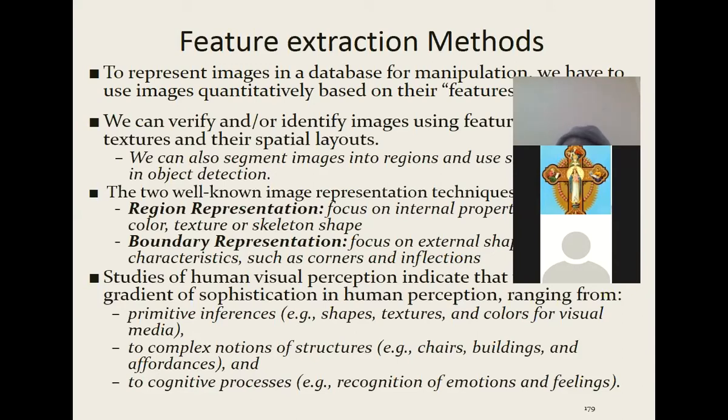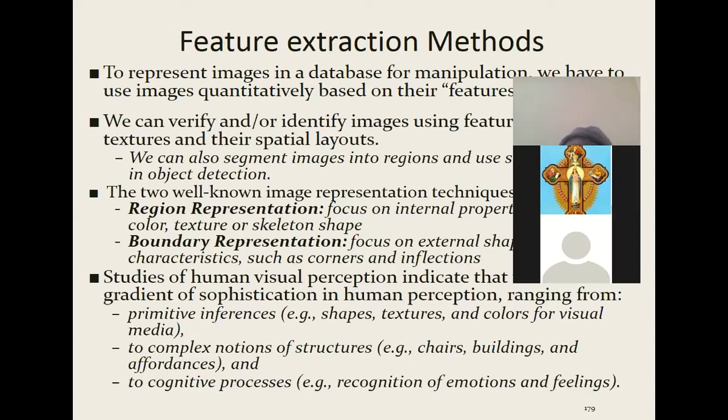Those multiple sub-images should be extracted turn by turn, and we have to represent each of them. After segmentation, feature extraction is a must for representing the image, because we are trying to manipulate the image using its features.